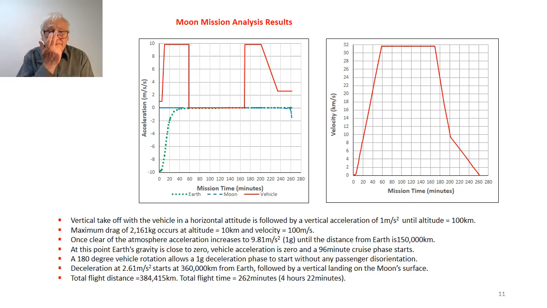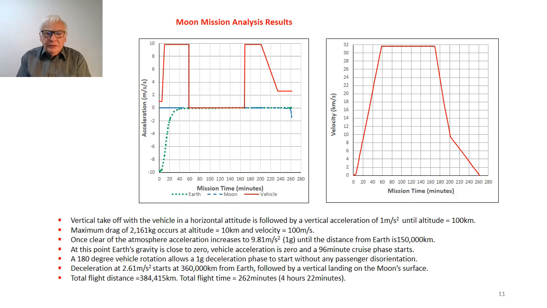At this point, Earth's gravity is close to zero, as you can see from the green dotted line in the left-hand characteristic, and we shut down the thrusters, and we have a 96-minute cruise phase at 0 G.